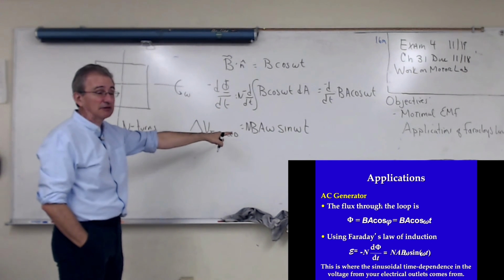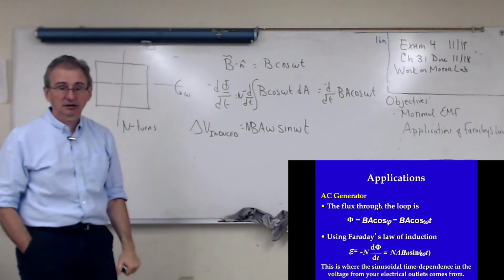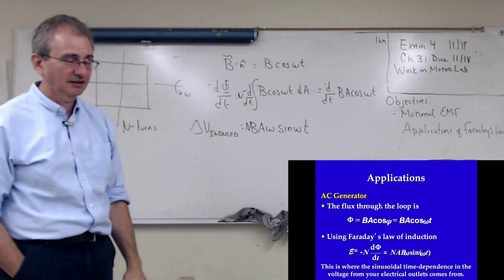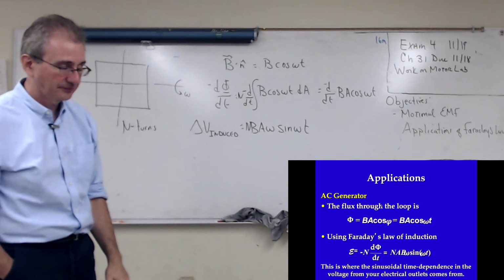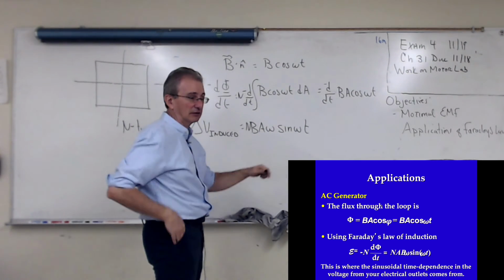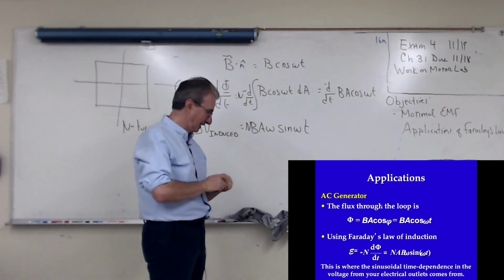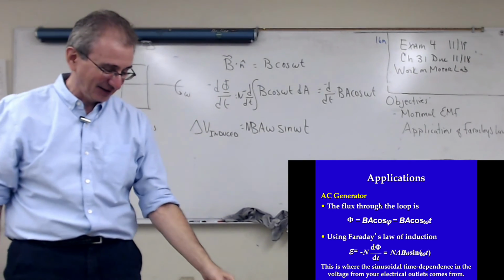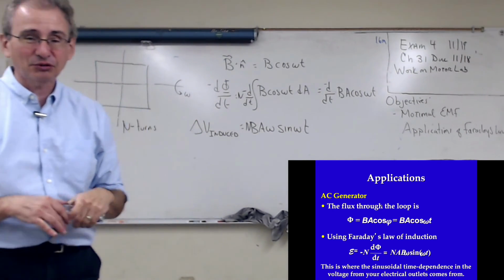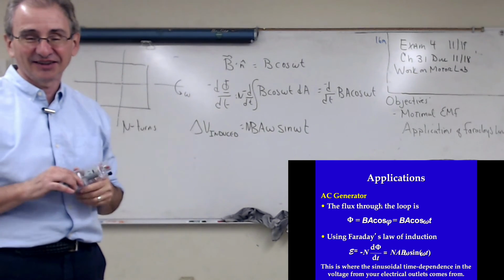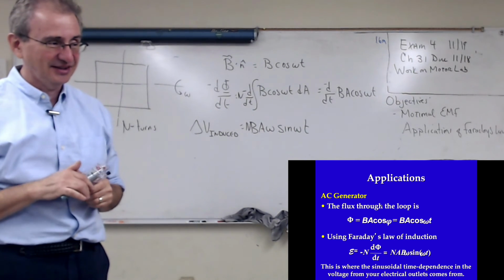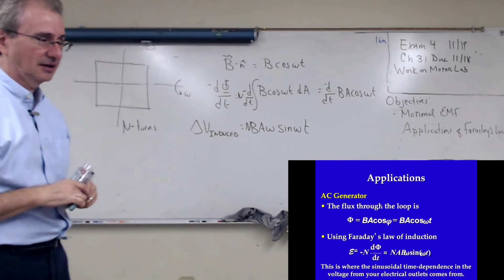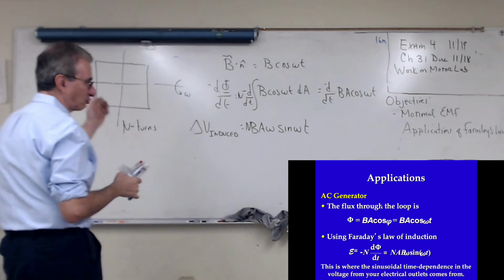This is what comes out of your outlet. You take a coil, at the power plant, basically you have a coil of wire rotated in a magnetic field, essentially. And the energy is transmitted to your home.